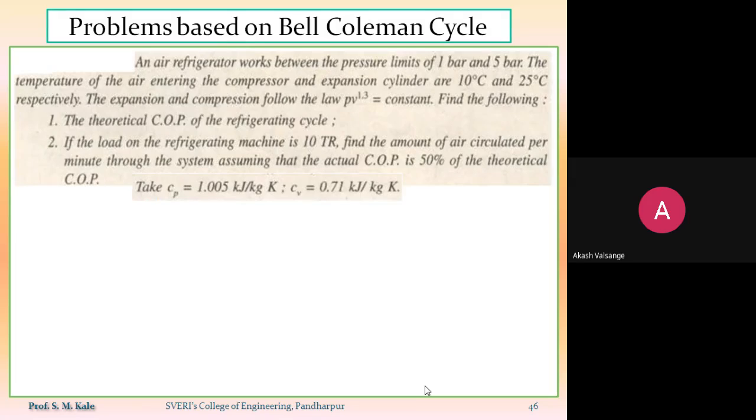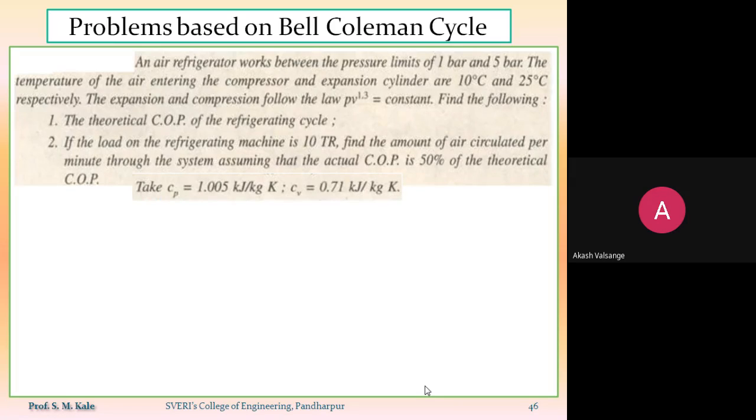The temperature of the air entering the compressor and expansion cylinder are 10 degrees Celsius and 25 degrees Celsius respectively. The expansion and compression follow the law PV raised to 1.3 is equal to constant. Find the following parameters. First, the theoretical COP of the refrigerating cycle.